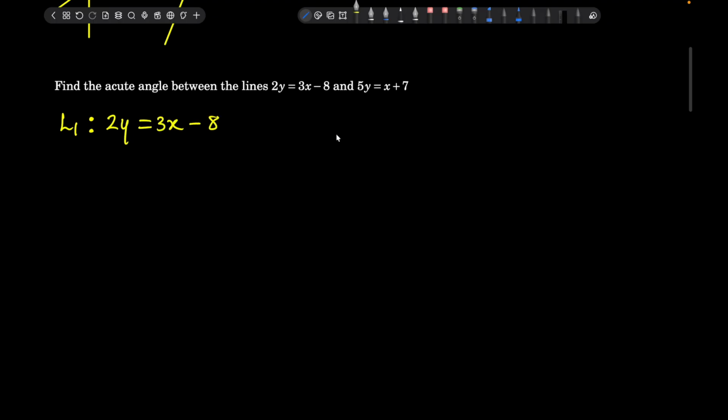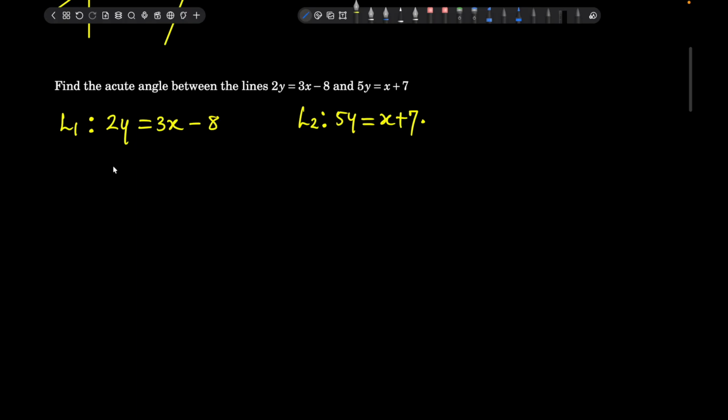Now for line 2, we have 5y equals x plus 7. You need to extract the slope of the first line and the slope of the second line. So let's extract the slope of the first line.